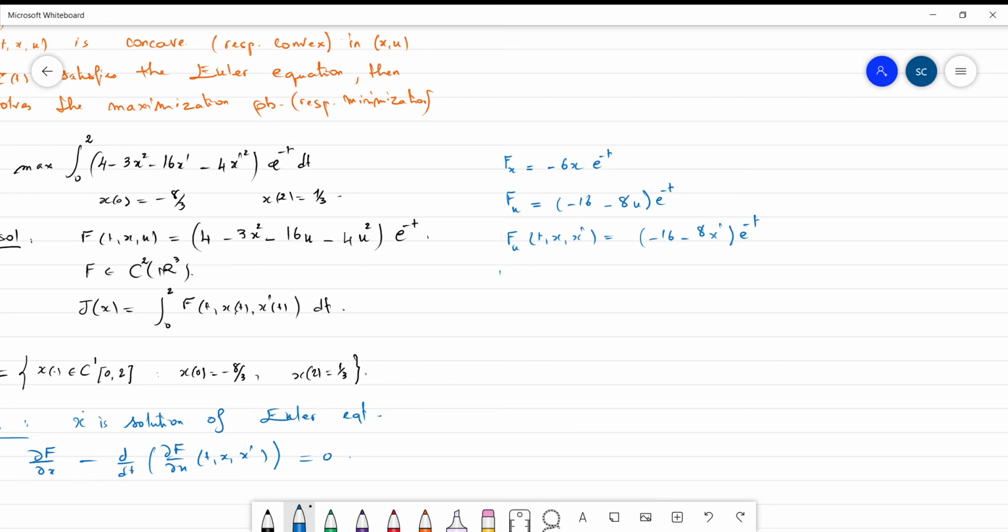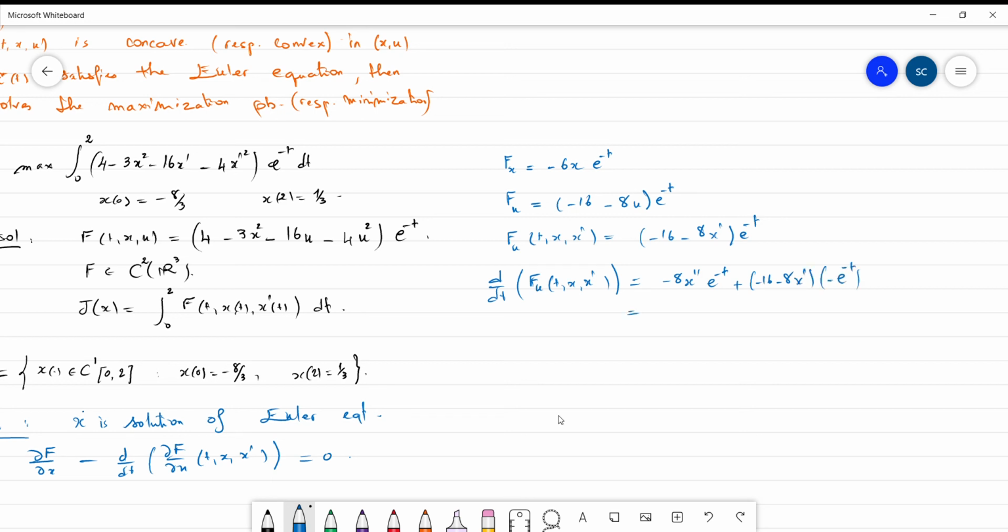Now I need to derive d/dt of f_u at (t, x, x'). You see, when you do it like that, it's much better. Here you have to derive a product of two functions. So it will be minus 8x'' times e^(-t), then you keep this plus minus 16 minus 8x' and minus e^(-t).